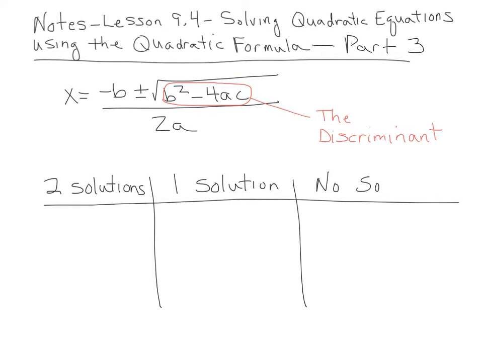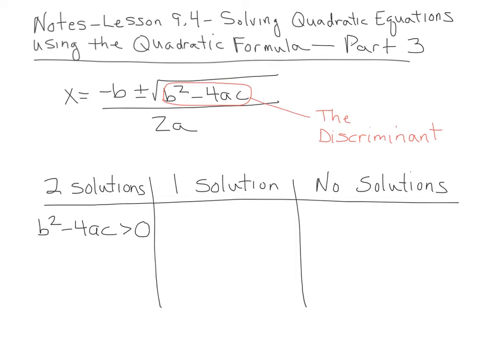If you look at the discriminant first, you can sometimes save yourself a little bit of time, especially if it has no solutions. If b squared minus 4ac ends up equaling something greater than 0, then you're going to have 2 solutions.